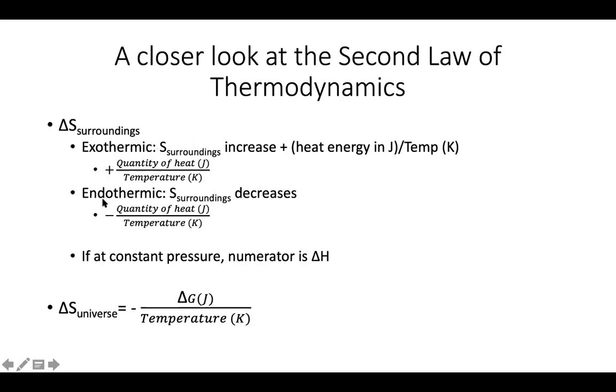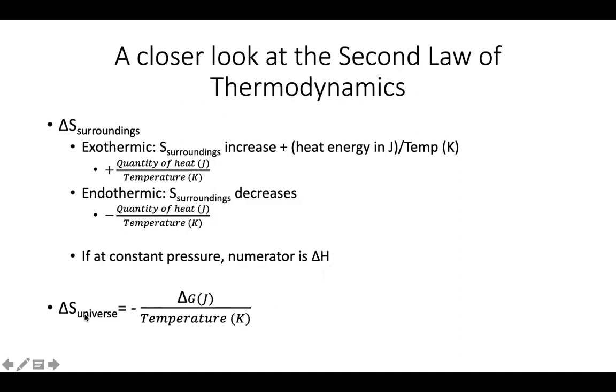Okay, if it's an endothermic reaction where the system is taking away heat from the surroundings, if our heat of surroundings is decreasing, well, our entropy is also going to decrease. So our entropy of surroundings is going to be equal to negative the quantity of heat transferred divided by the temperature. Okay, now if these are done at constant pressure, the quantity of heat is going to be equal to delta H.